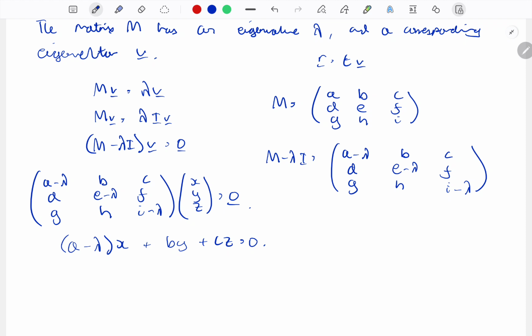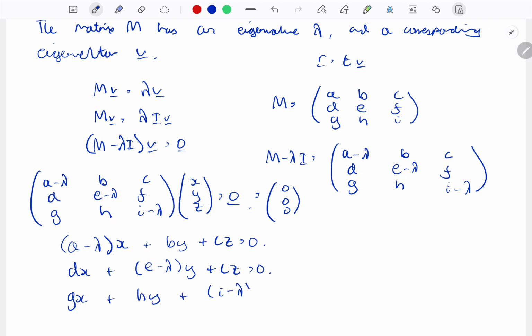This is because I'm multiplying and then everything would be 0, 0, 0. Dx add E minus lambda Y plus FZ is equal to 0. Gx add Hy add I minus lambda Z is equal to 0.